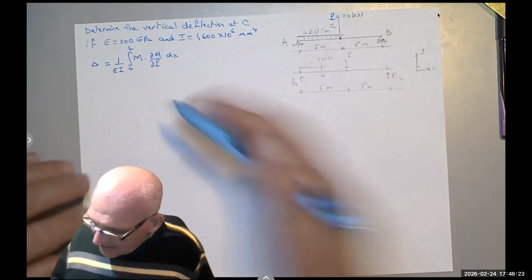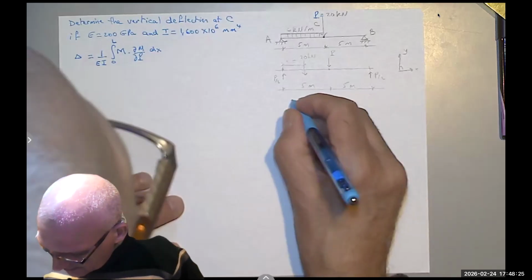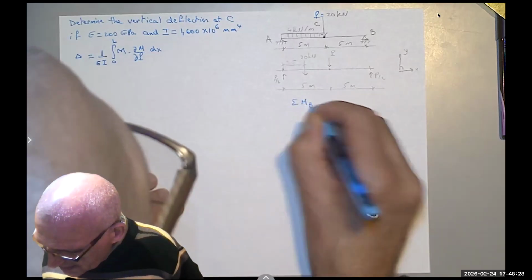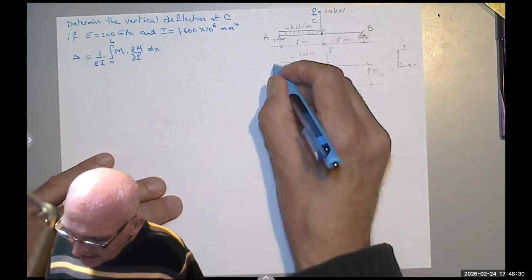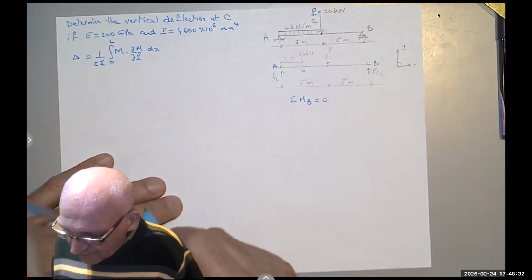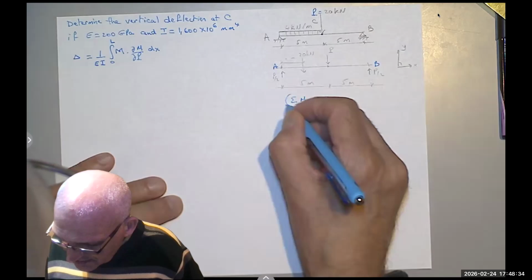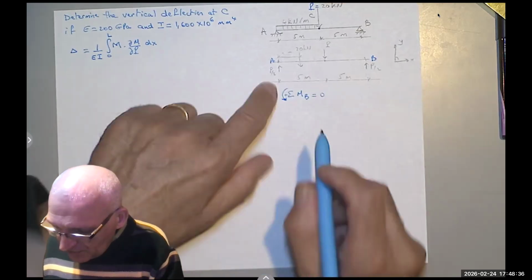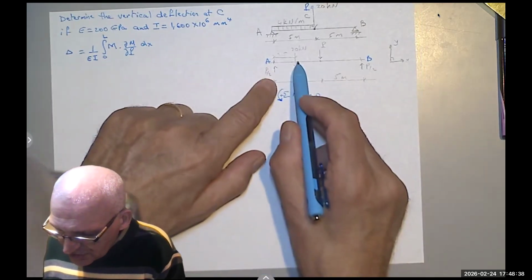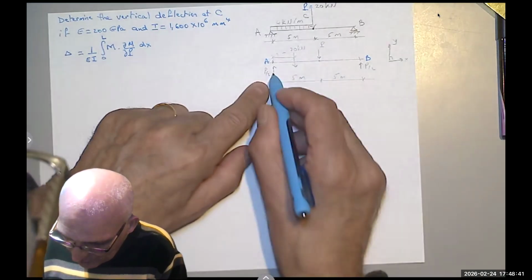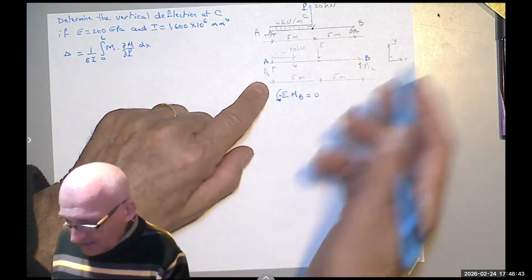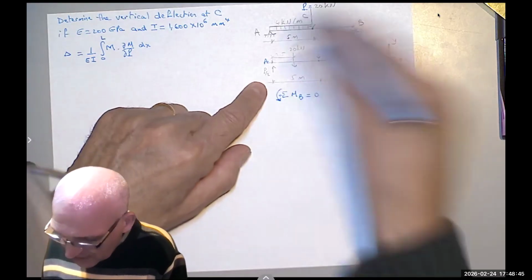So we start by taking sum of the moments about B equals 0. This is A, this is B. Counterclockwise is positive. So I only have to worry about these two, right? I have AY here. I'm not going to say AY because I need to find it, but it's going clockwise.